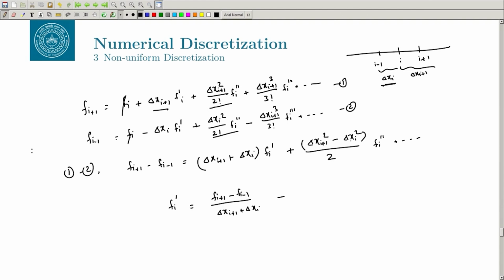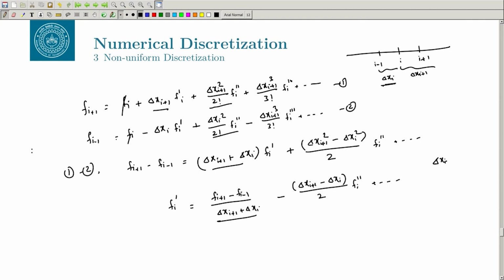This is a square minus b square, this is a plus b, so that will become a minus b, that is delta x i plus 1 minus delta x i by 2 f i double prime plus other terms. And the summation of these two.